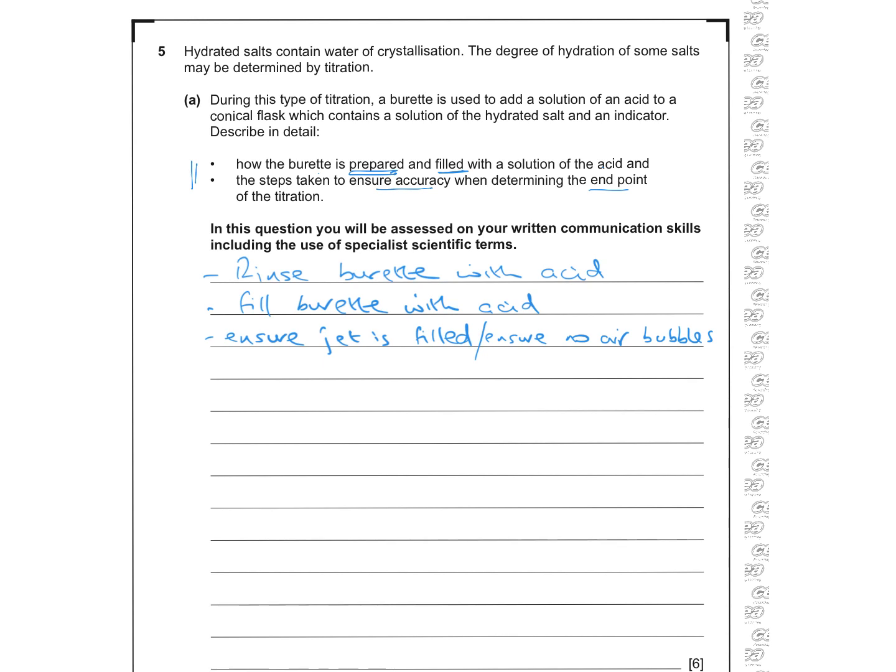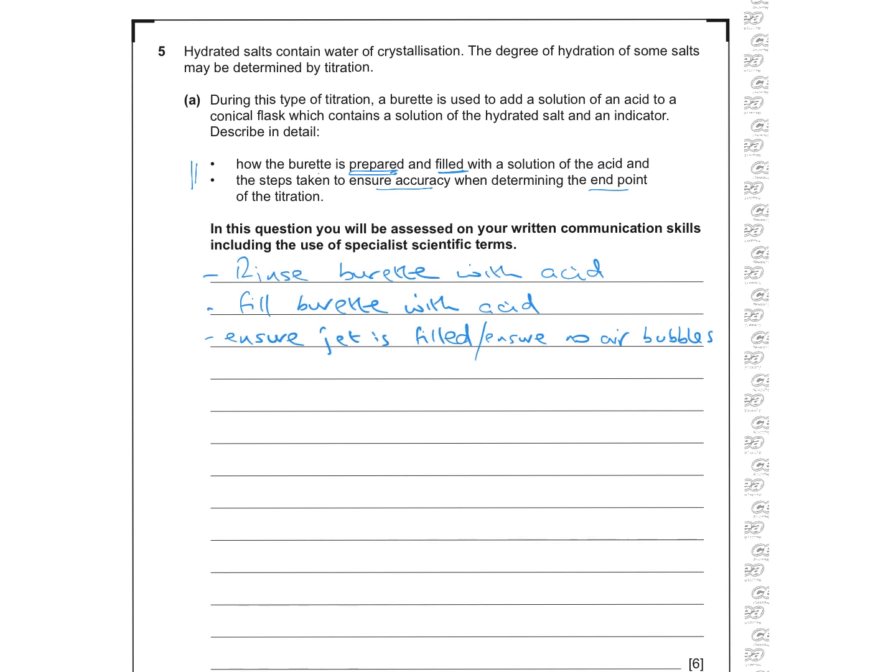So those first 3 points then cover how it's prepared. You may have some other things in there or slight variations of it. So for example, where I've got fill the burette with acid, you could say fill it until the bottom of the meniscus is at 0.0 cubic centimeters. But these 3 points are fine. So now I'll move on to accuracy.